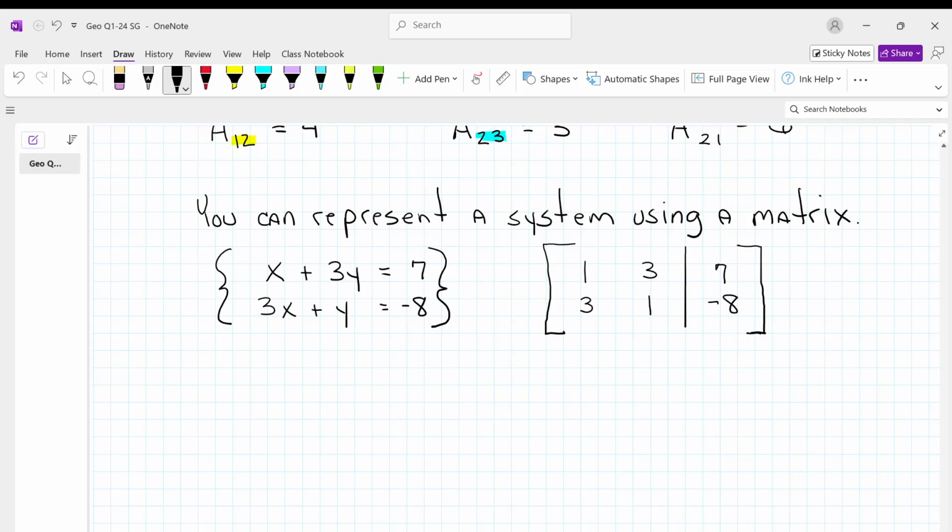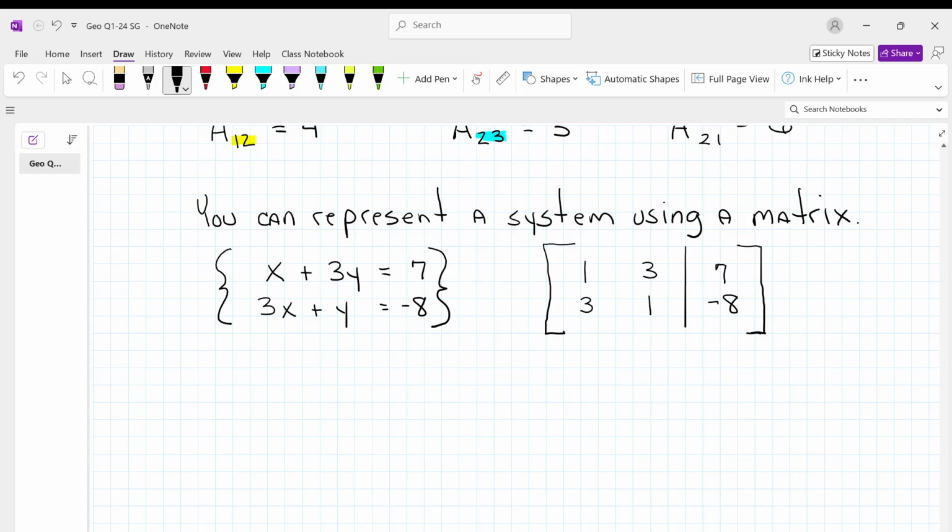Now, the key to converting from a system to a matrix is that you have both equations in the system in alphabetical order. Here's what I mean by that.